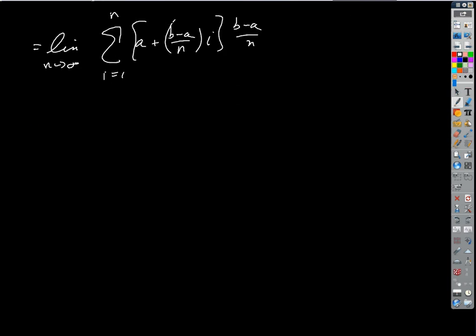So we could write this as the limit as n goes to infinity of b minus a over n. Now I have an n in it, so it's still subject to the limit, right? Of the sum of all this stuff. a plus b minus a over n times i as i goes from 1 to n.